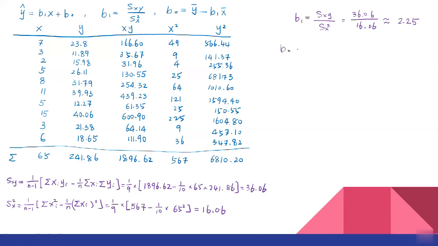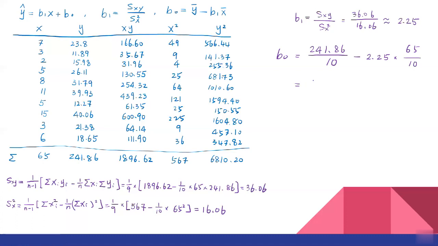And then we can calculate B0, which is the mean value of y, which is 241.86 divided by the number of data points, minus B1, which is 2.25, times the mean value of all x, which is 65 divided by 10.